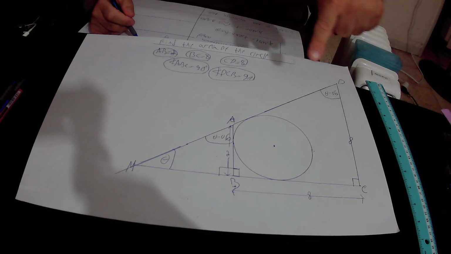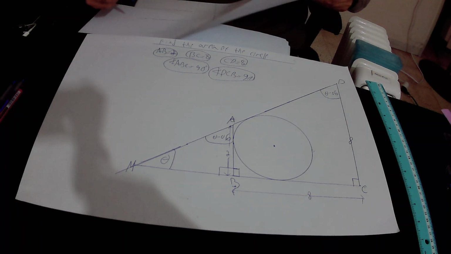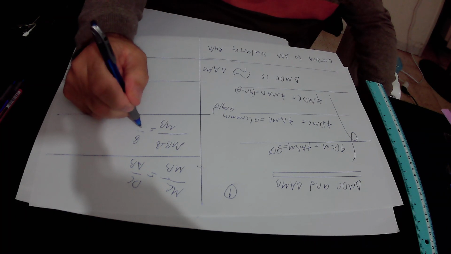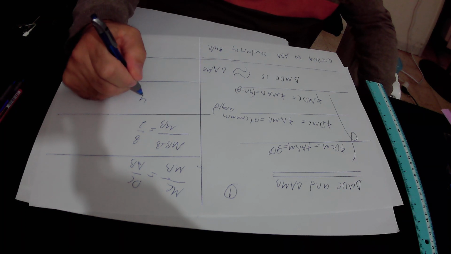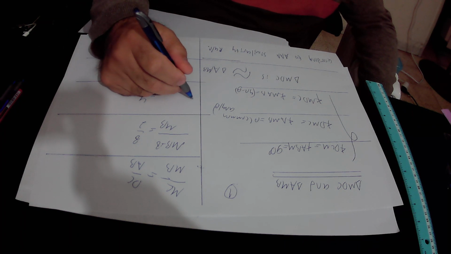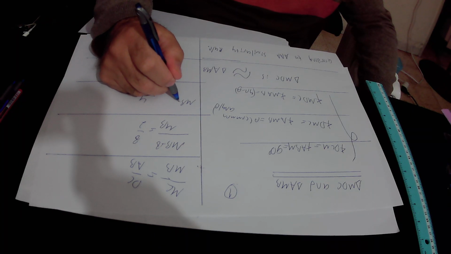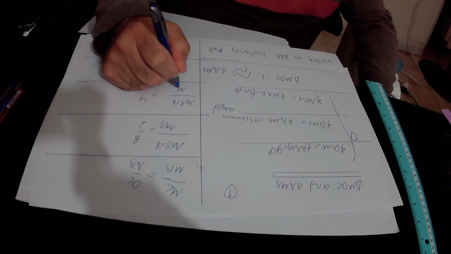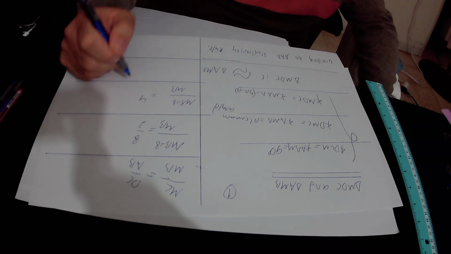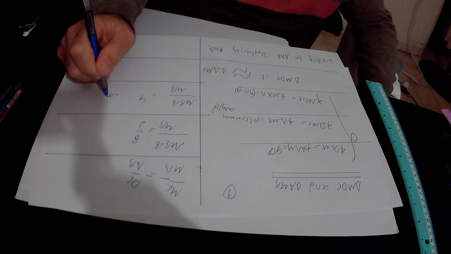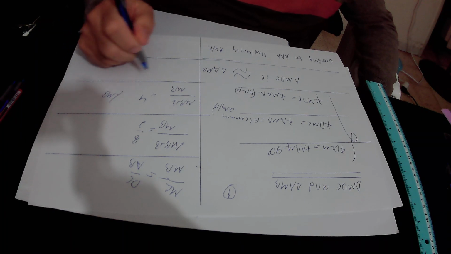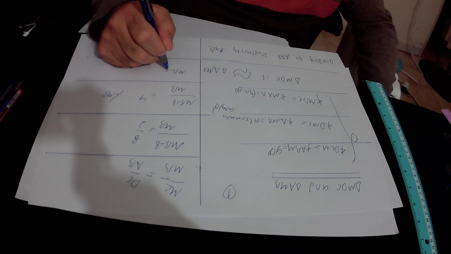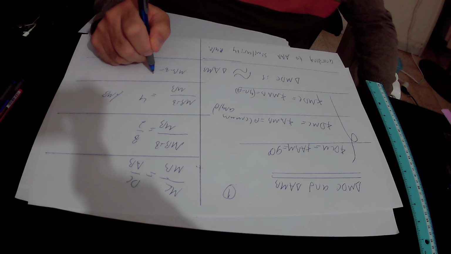DC is 8, AB is 2, so DC over AB is 8 over 2, which is 4. So MB plus 8 over MB equals 4. We multiply this equation by MB, and we get MB plus 8 equals 4MB.